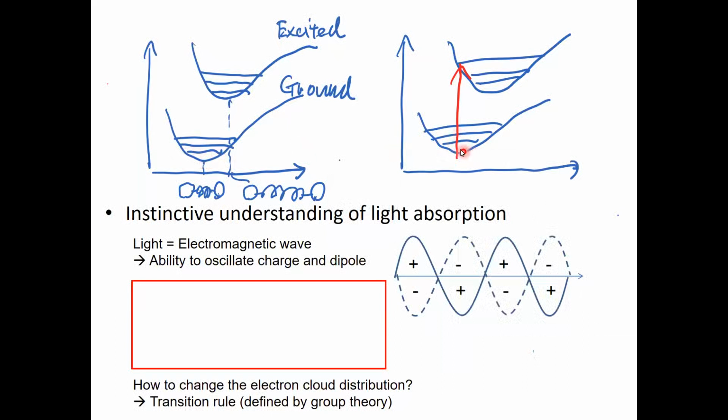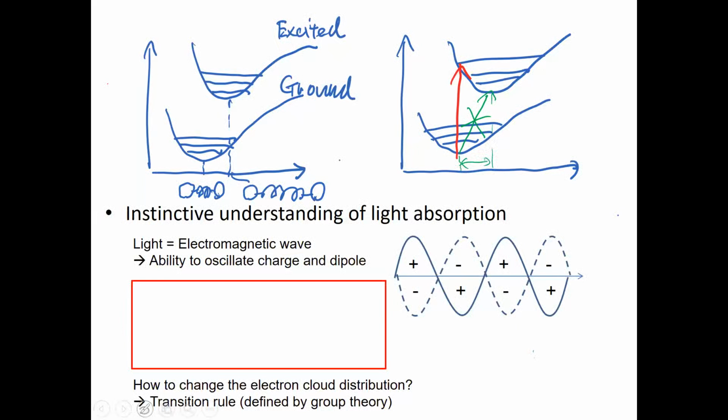From this vibrational ground state, when the light is absorbed, the molecule goes up to the excited state, and the Franck-Condon principle says it cannot go like this, because that would change the distance of the atoms, and there's no time for this.